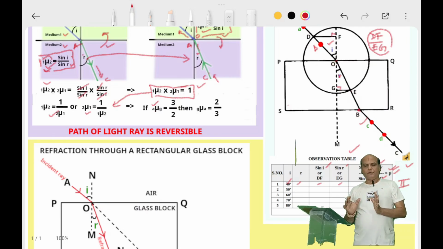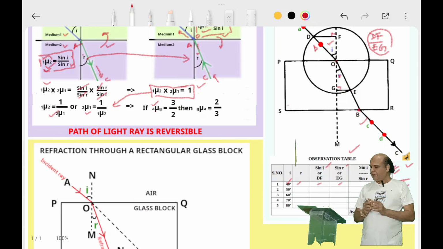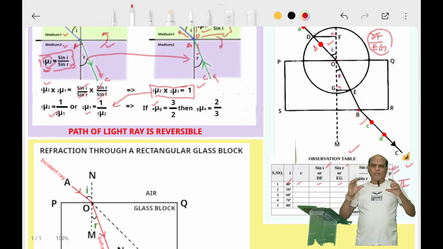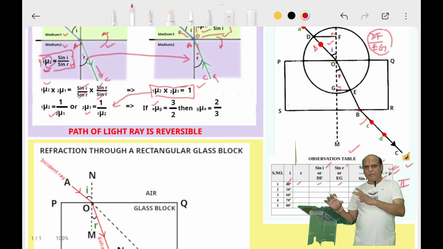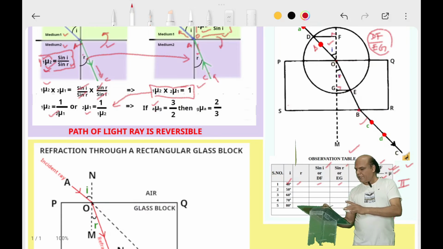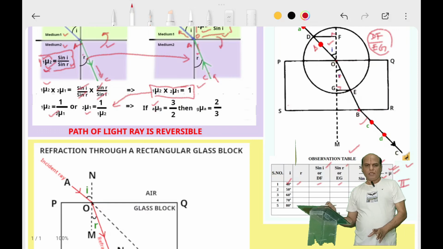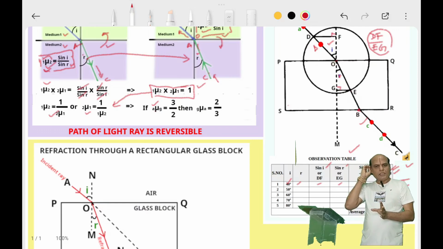So the summary of this experiment is, we are taking a rectangular block made of glass on a white paper. We are drawing its boundary PQRS. On the line PQ, approximately somewhere in the center, we are marking a point O. We are taking it as the point of incidence.